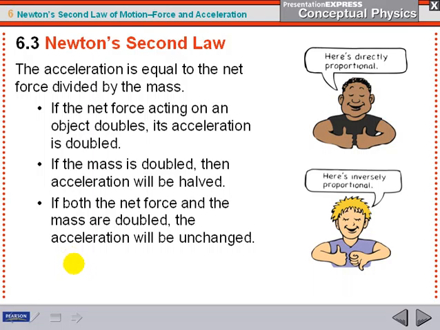Let's take acceleration is equal to force divided by mass, and if we double the force and double the mass, you can see these two terms essentially cancel out, and we're still left with the acceleration being unchanged.